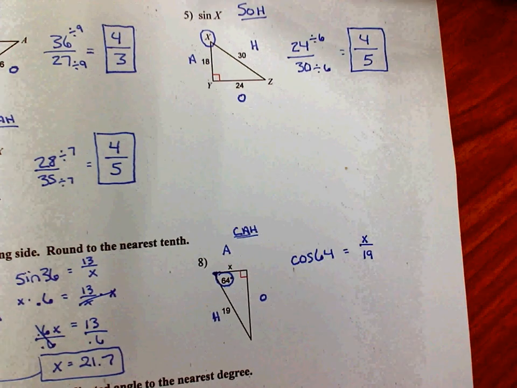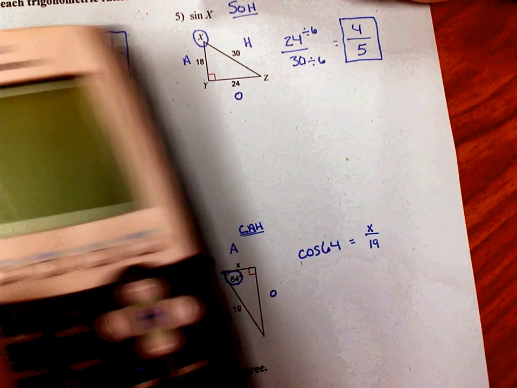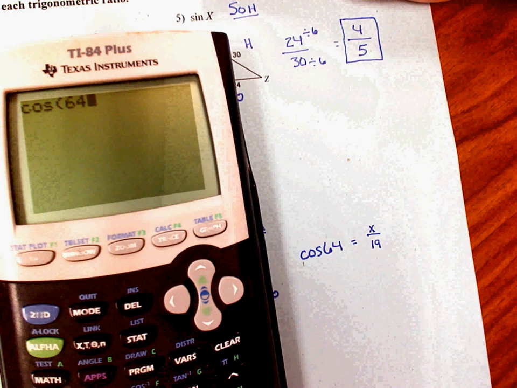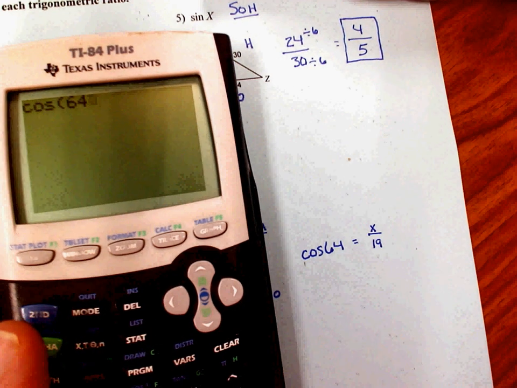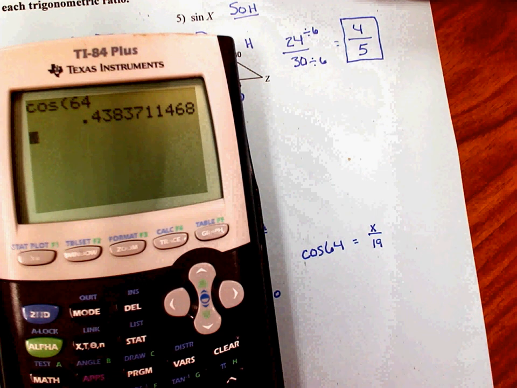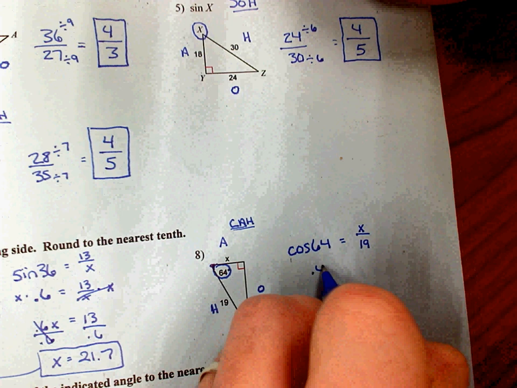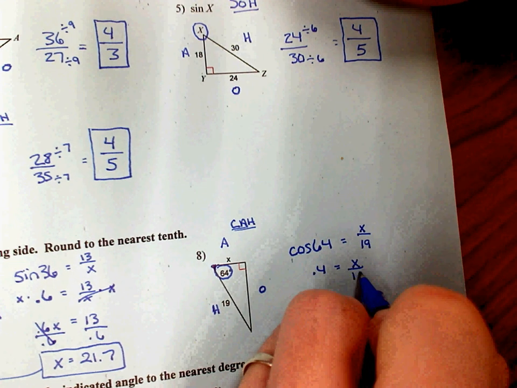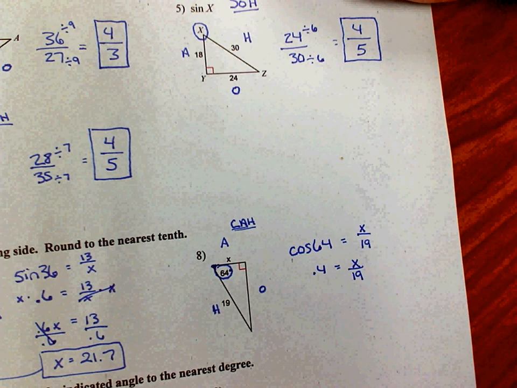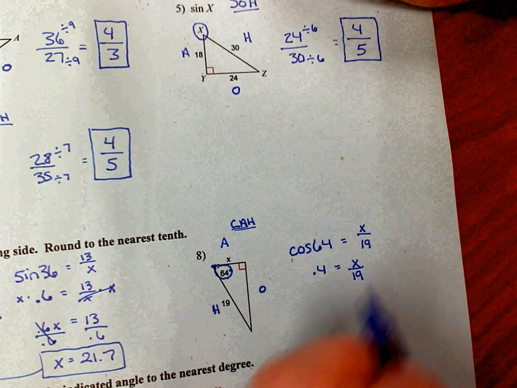Now again, I don't know what these ratios are just off the top of my head, but the calculator does because it remembers a lot more things than I do. So the cosine of 64 degrees is 0.438 blah blah blah, which if we're rounding to the tenth, we'll just say 0.4. So 0.4 equals x divided by 19. Now this one's a little bit easier than the last one. I've got divided by 19.